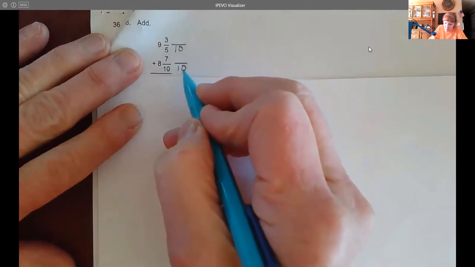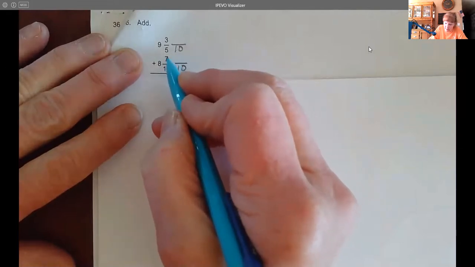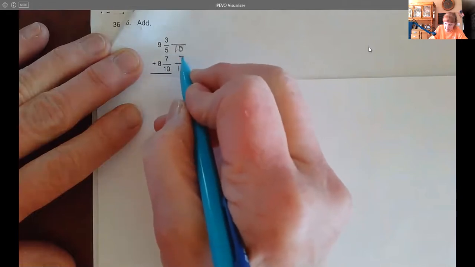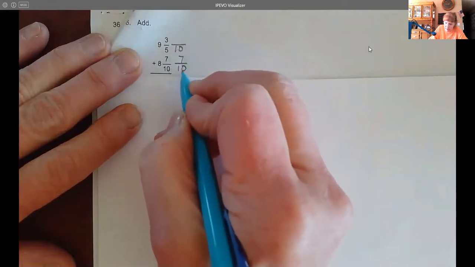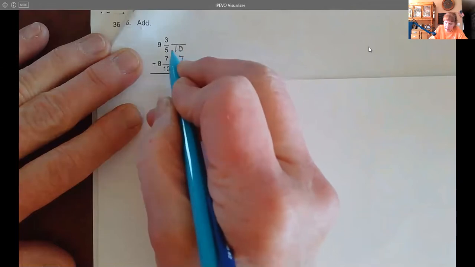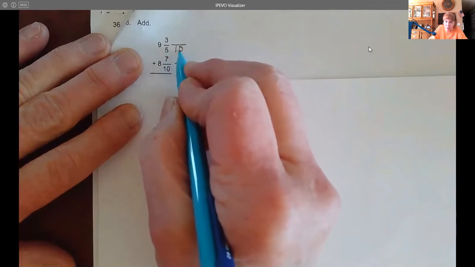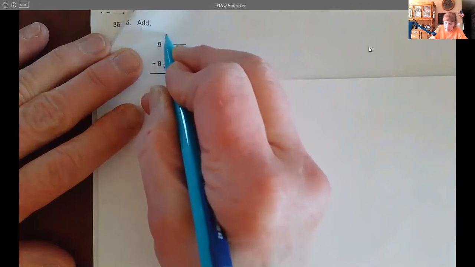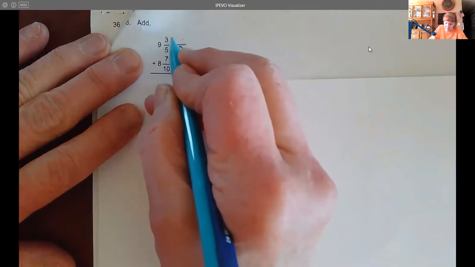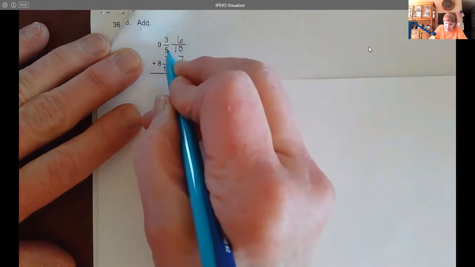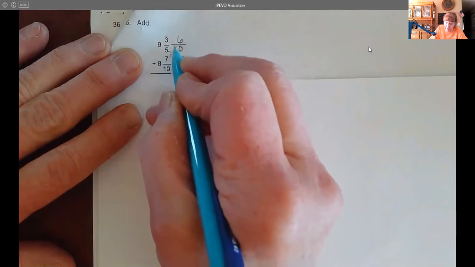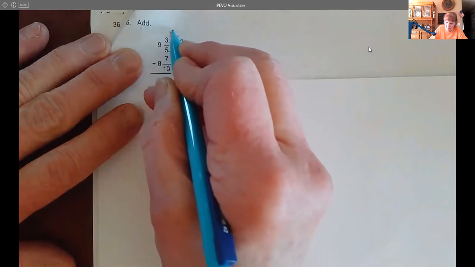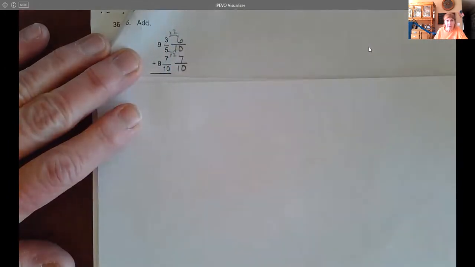10 goes into here once, so 7 times 1 is 7. So multiply by 1, multiply by 1. Multiply by 2, multiply by 2. So you get 6. So I'm timesing by 2. I'll put a little 2 in there. Okay. Multiply by 2, multiply by 2. So 2 over 2. Now they have a common denominator.